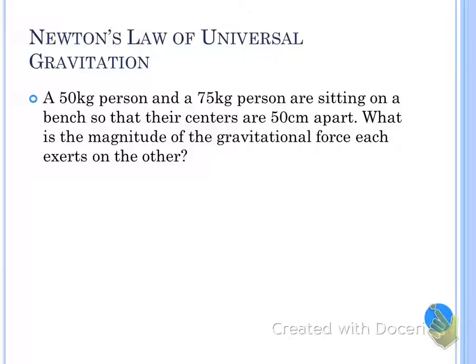Let's try a problem here. A 50-kilogram person and a 75-kilogram person are sitting on a bench so that their centers are 50 centimeters apart. What's the magnitude of the gravitational force each person exerts on the other?